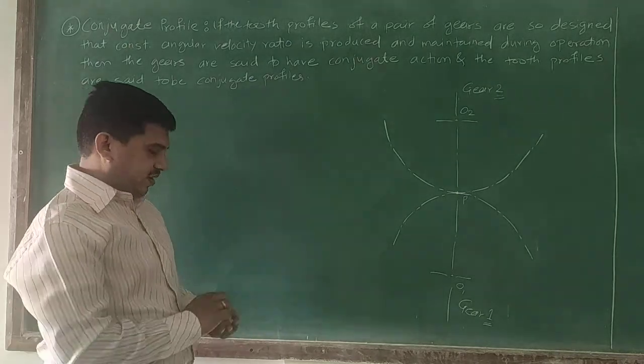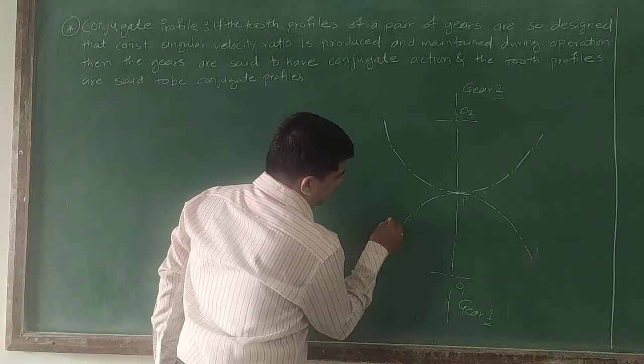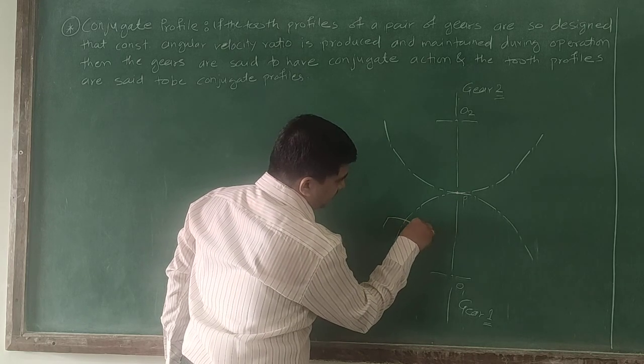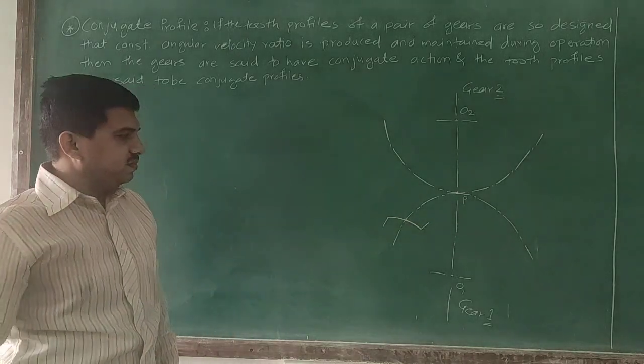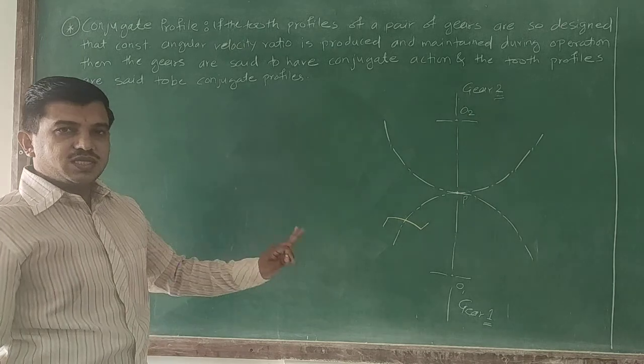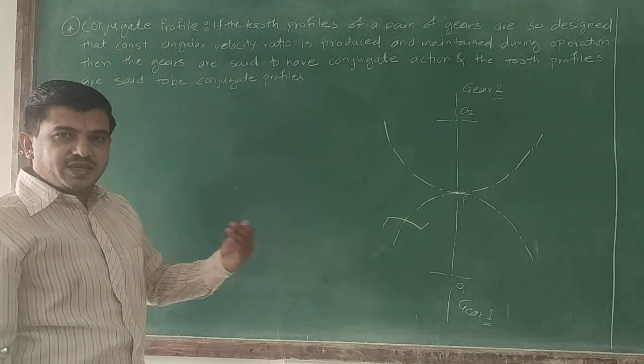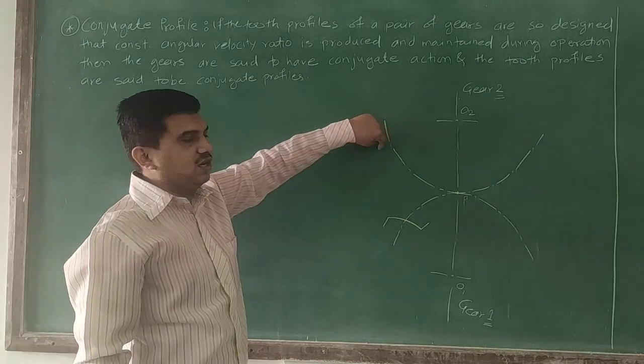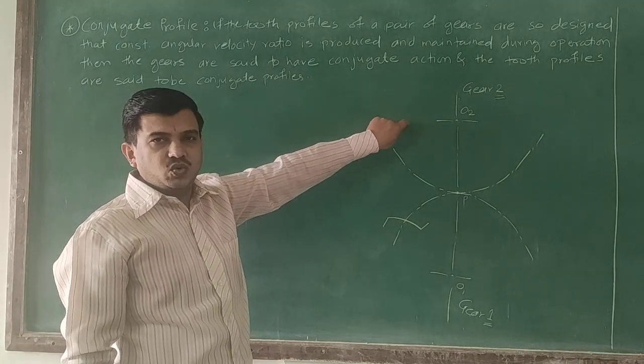Now we have one gear tooth profile which is like this, which is given arbitrarily. This gear tooth profile has been given as an input, and we want another gear tooth profile to be produced on gear 2.